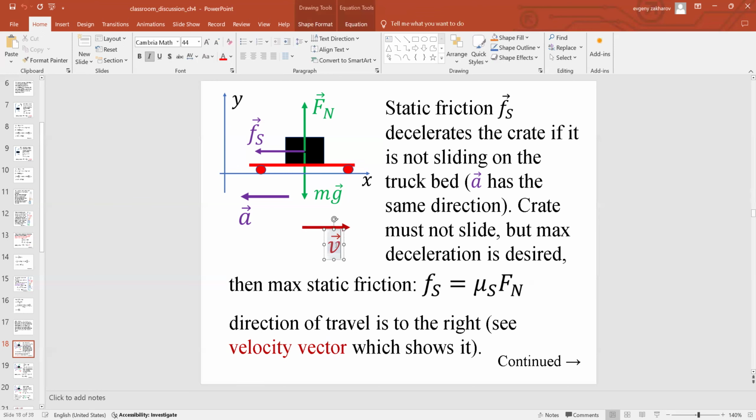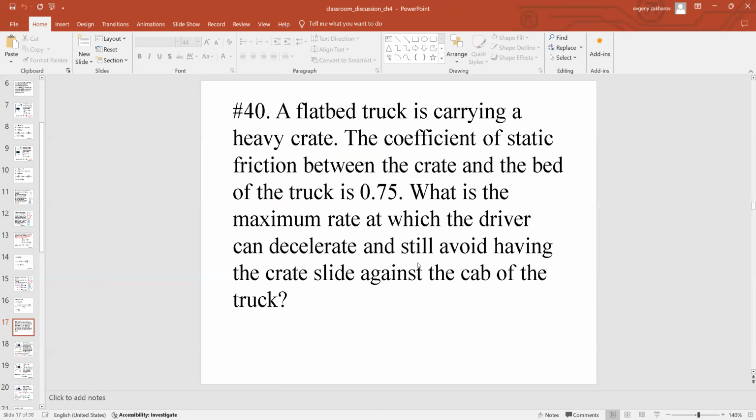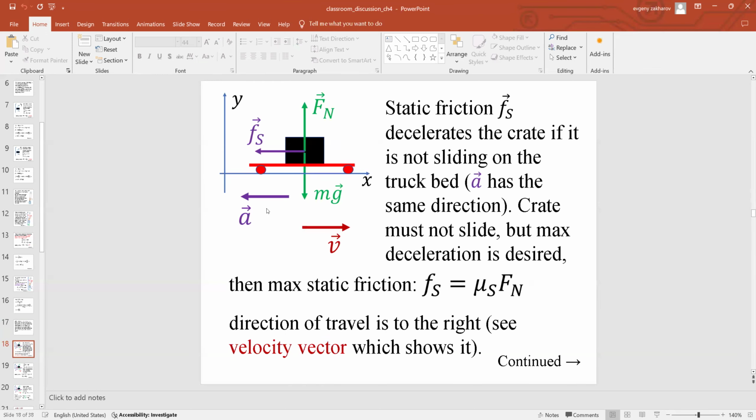Let's choose motion to the right. And then we are decelerating. We are slowing down. You have to slow down in a way that the crate does not hit the cab of the truck. So which way is acceleration? Well, if we're slowing down, then acceleration should be opposite to the velocity vector.